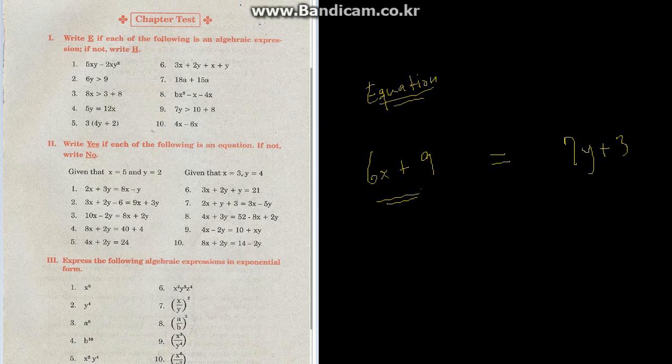So 6x plus 9 is equal to 7y plus 3. If you have something that's equal to each other, then you say it is an equation. So let's look at some of the questions.